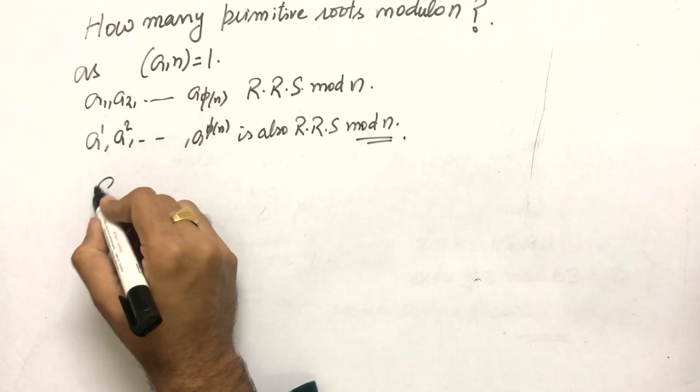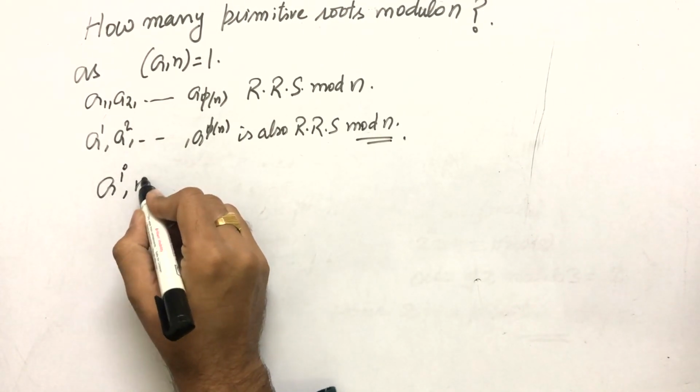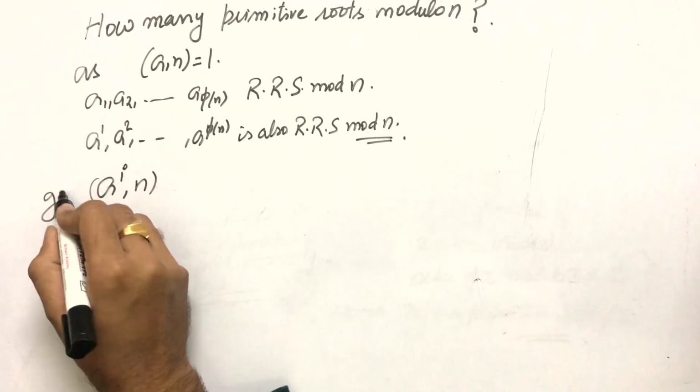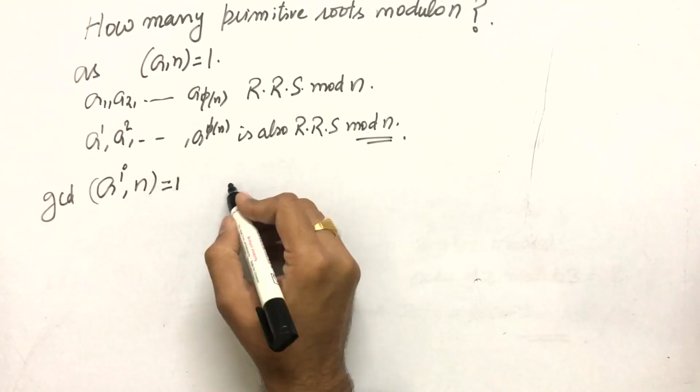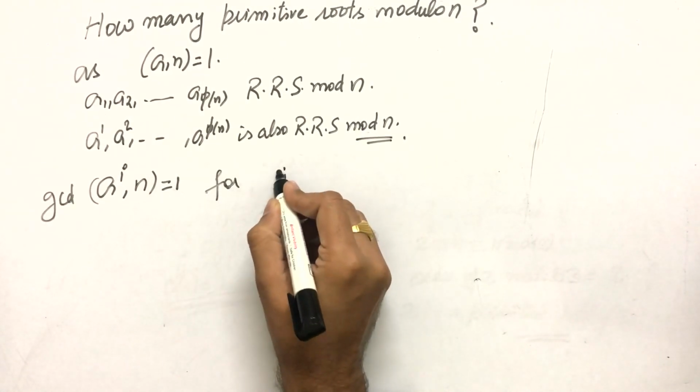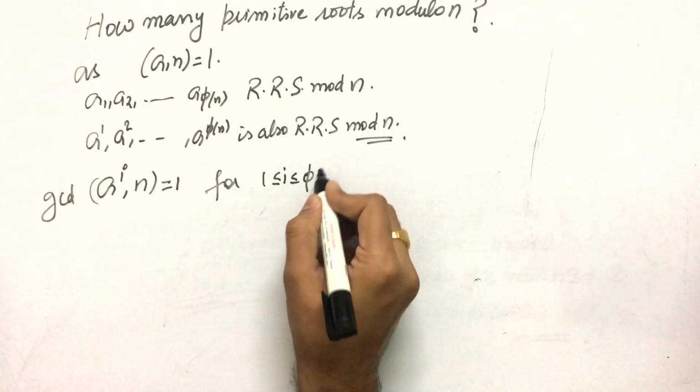Means to say the GCD of a power I and n is also 1 for I from 1 to phi n.